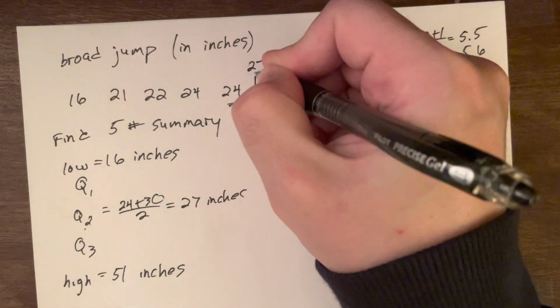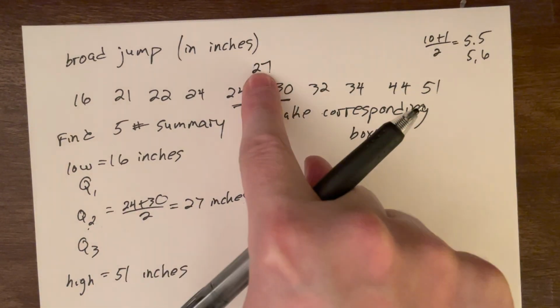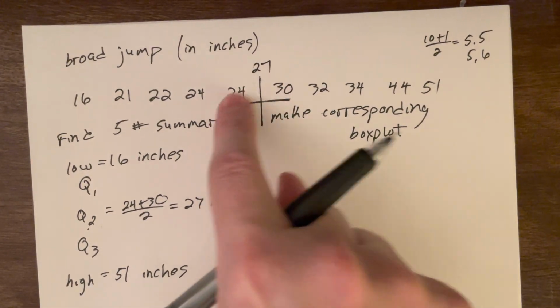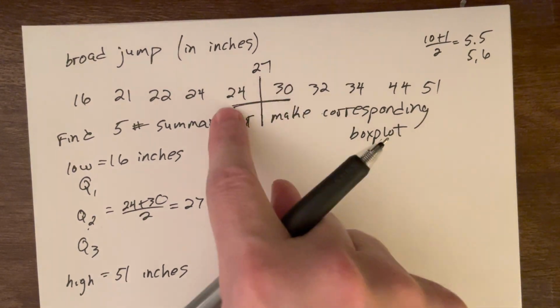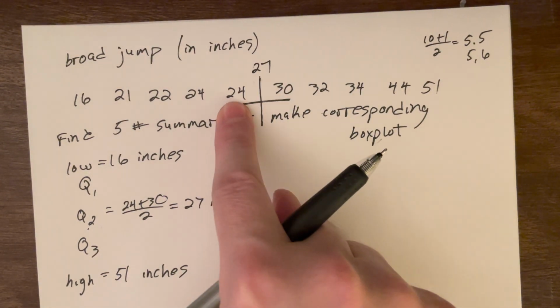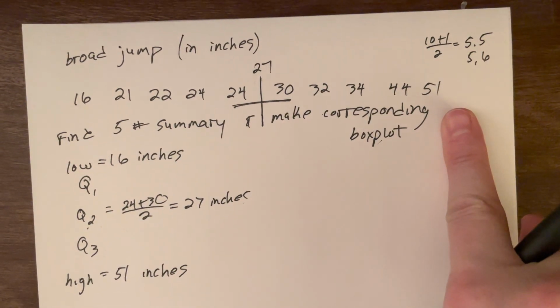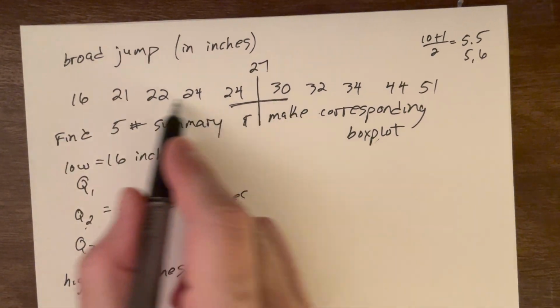And now that new value, that wasn't in the original list, is the divider. So the 24 and the 30 were both used to get the 27, but neither one of them is the median. So this one goes into the lower data half, and this one goes into the upper data half. And now we start again, and we're just looking at these.